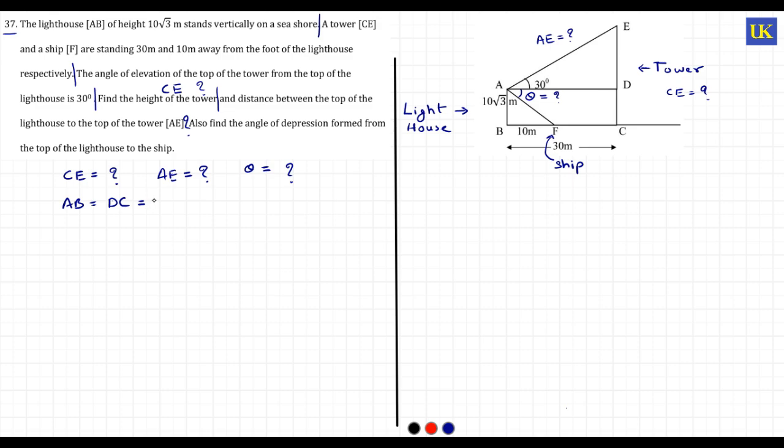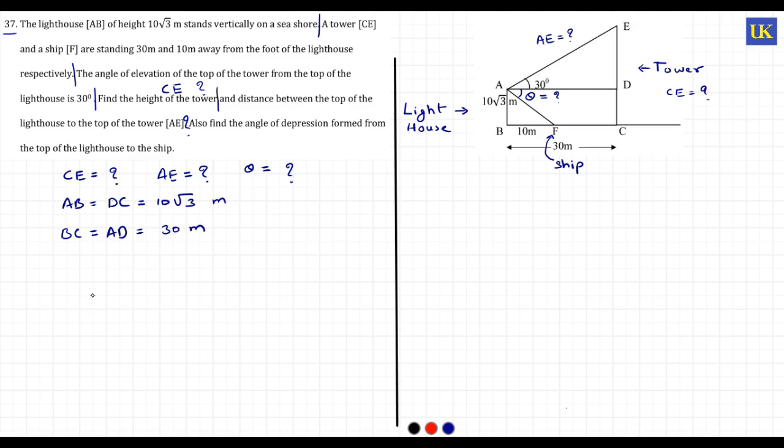They have given 10 root 3 meter, so we'll note this down. Then they have given BC equal to 30 meters, which is also AD. So this is what we have understood.